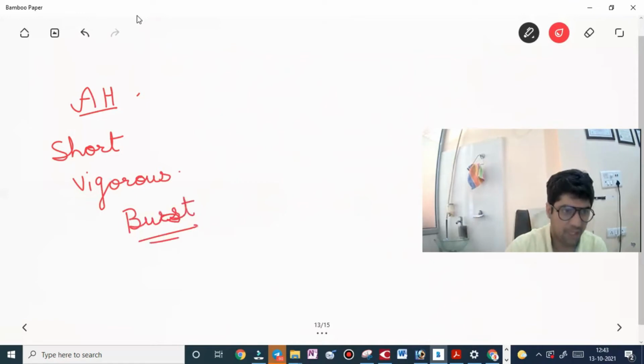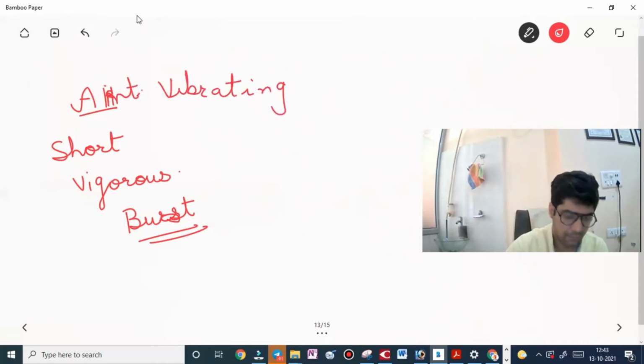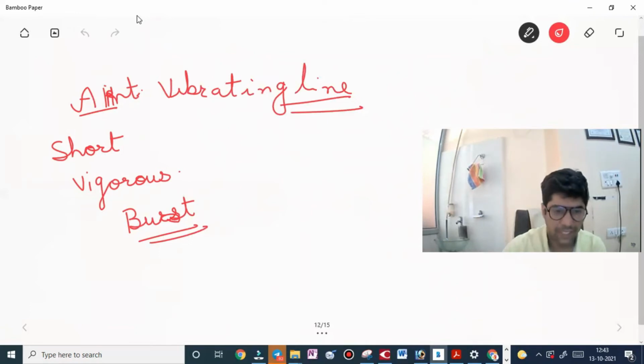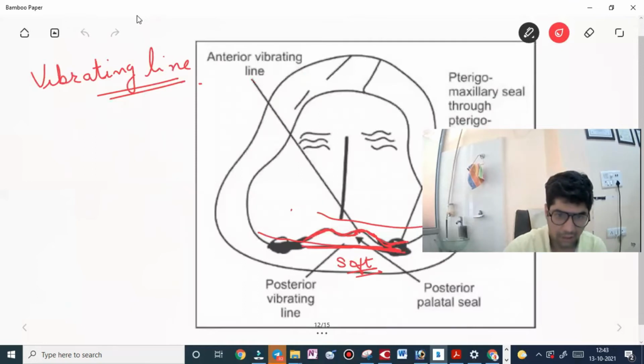That will record the anterior vibrating line. That is due to the projection of the posterior nasal spine. So remember this line is not a straight line.